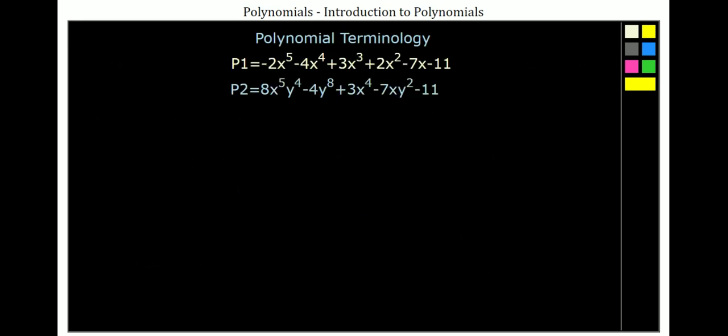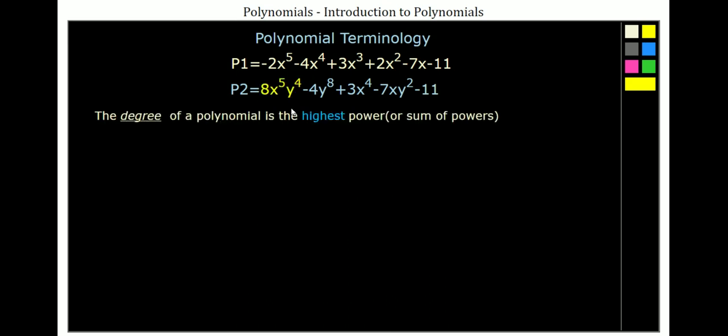So we have to keep going here. I've created a few more polynomials. These are a little more normal. They don't have the wild terms in them. They still have a few multivariable terms in here. So we need to now talk about the word degree.